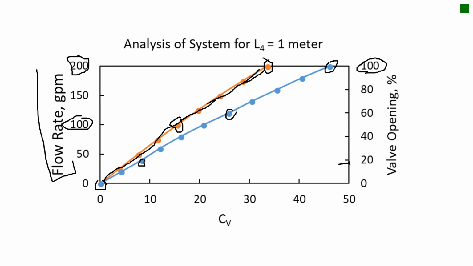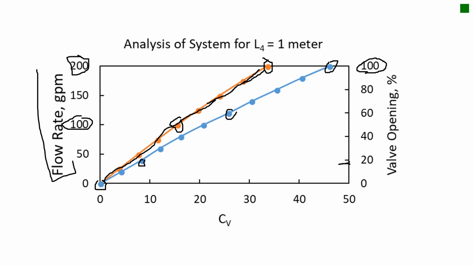To select a good valve, we want to pick one where the valve opening versus CV is similar to the flow rate versus CV in terms of whether it's linear or curved. In this case, both of them are linear.